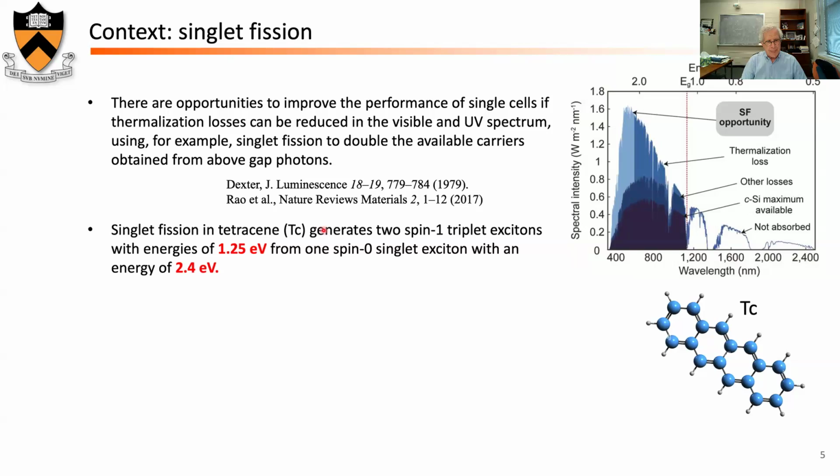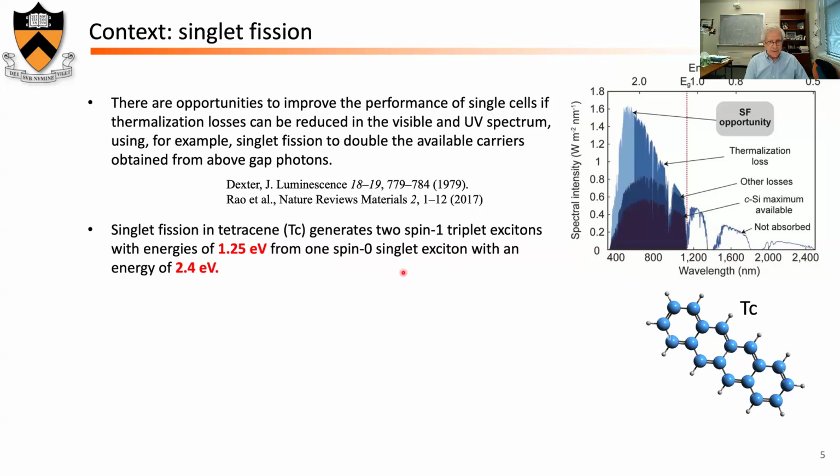And singlet fission, in particular in a molecule or a system like tetracene, which is represented here, is particularly interesting, because in tetracene, a high energy photon, with energy at least equal to the optical gap of the material, creates a singlet exciton, a spin zero singlet exciton.